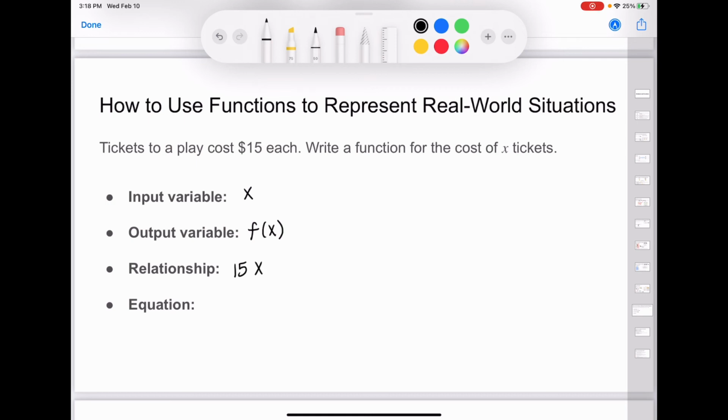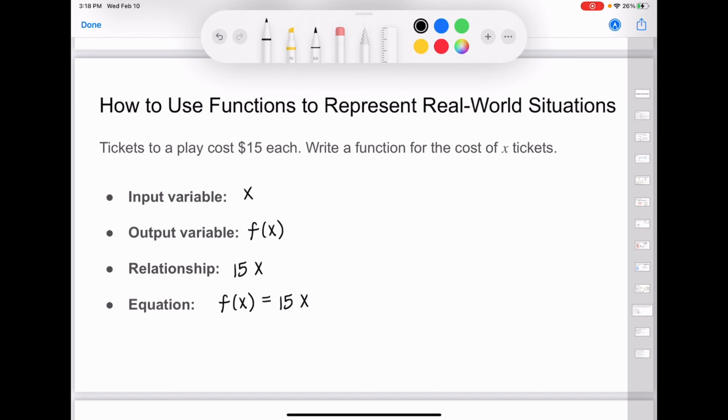And then you can write this into a function by putting those two together. So f(x) is equal to the relationship 15x. And so you could solve for any x what the price would be.